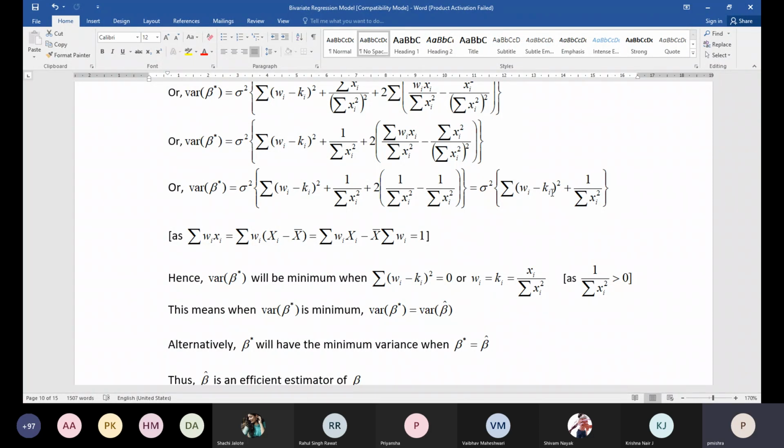But the question is whether they are efficient. Now, what is meant by efficiency? When an estimator would be efficient, actually it would be deviating the least from the center.